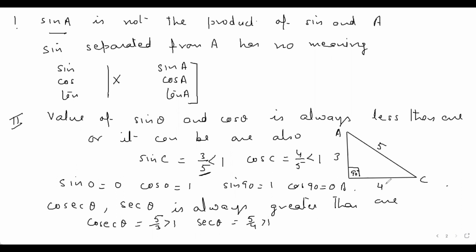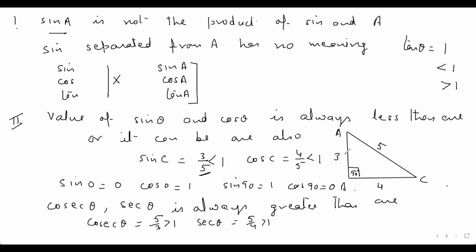And what about tangent theta? The value of tangent theta can be equal to 1, less than 1, or greater than 1. So we can't say the value of tangent theta is always greater than 1. No, that's not possible. It can be 1, because if both the sides are 1, then tangent theta is 1 by 1, which is 1.